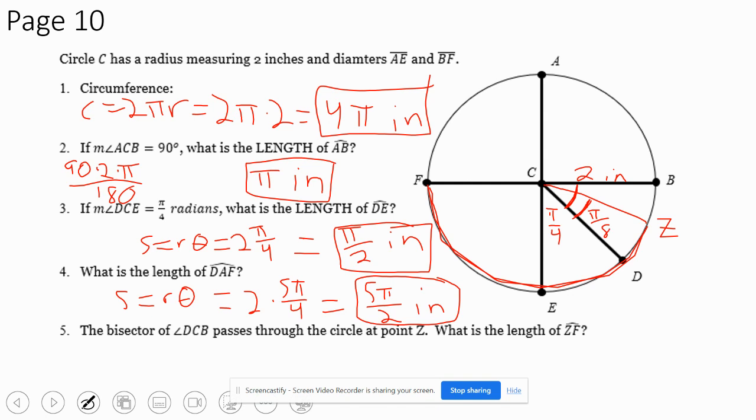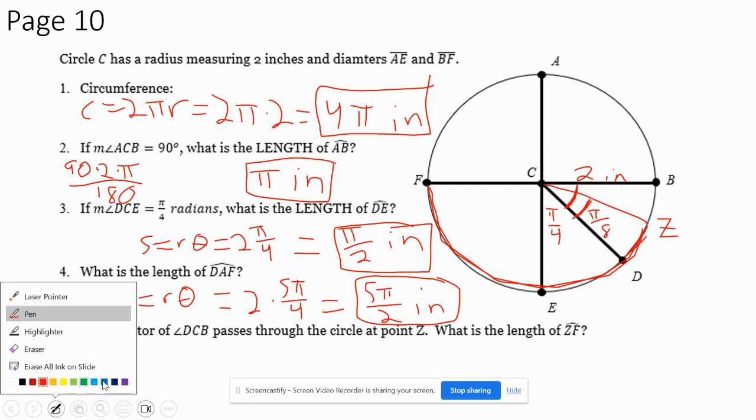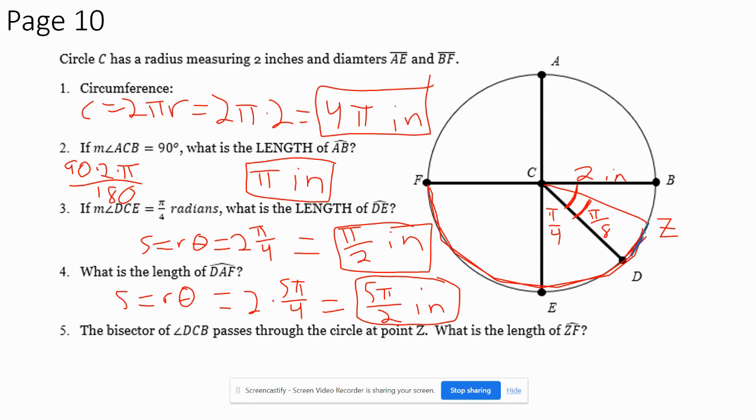Okay. So when I go to try to find that arc measure, I know I'm going to be working in eighths because that's my smallest unit. So this right here, that's 1/8. We've got a quarter, that's 2/8. Over here, we've got pi over 2. So I'm thinking about how many eighths that is. A half would be the same as 4/8.